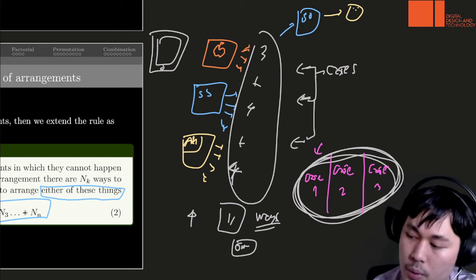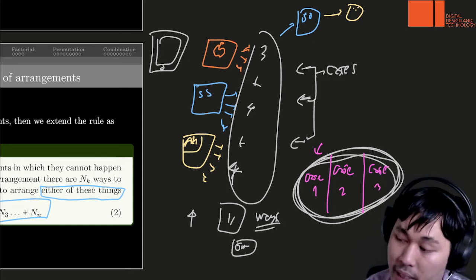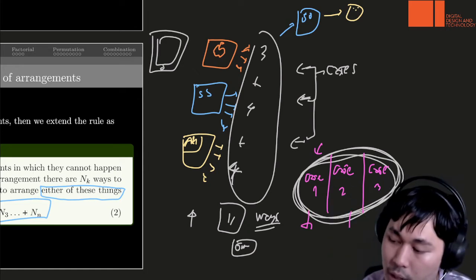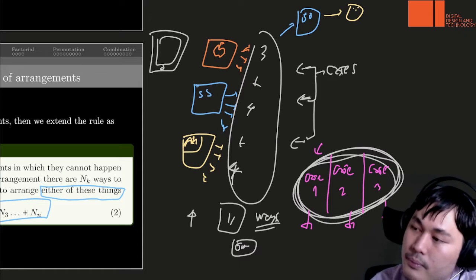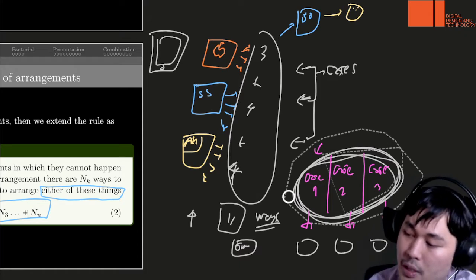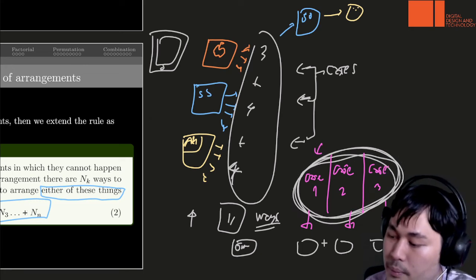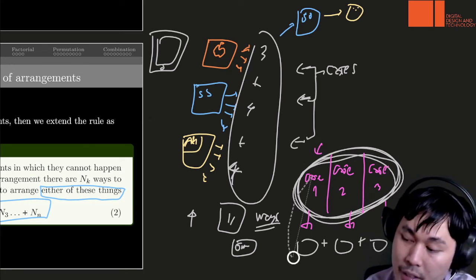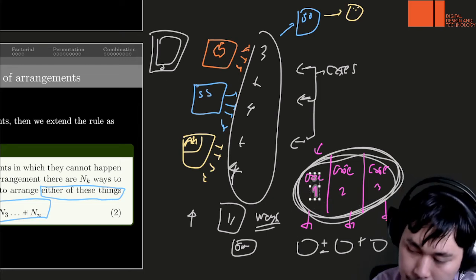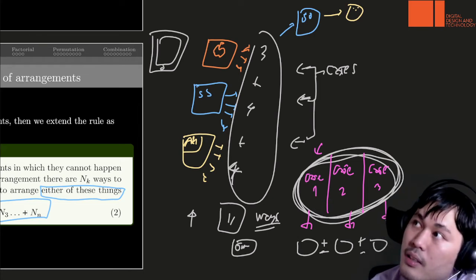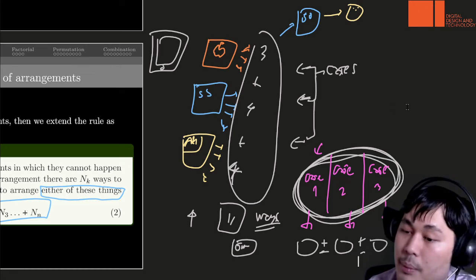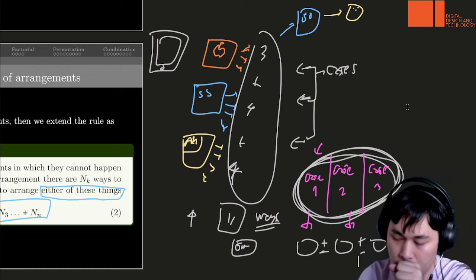If there's a way to partition this into several cases, and then you compute each case separately, and at the end of the day, if you ask how many ways you can perform this task, you would add the first case to the second case to the third case. This is a more common way you perform the rule of sum.